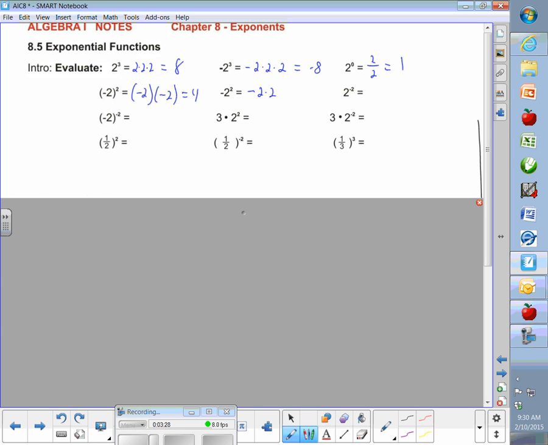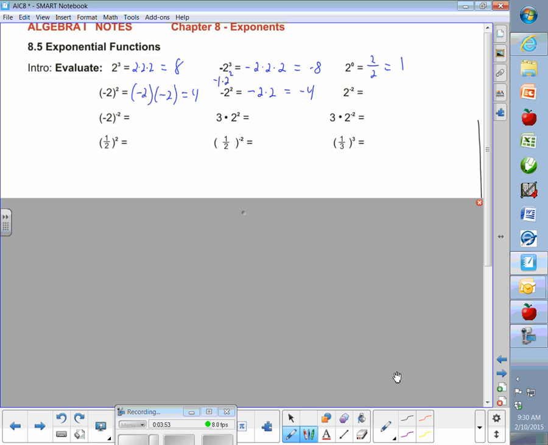The right one is really this, but we don't bother to write it this way because we don't need to write all that out. We know it's not the other one because there's not a parentheses there. And it's not a negative 2 times a negative 2. It's negative 2 times 2. And the answer to this one is negative 4.